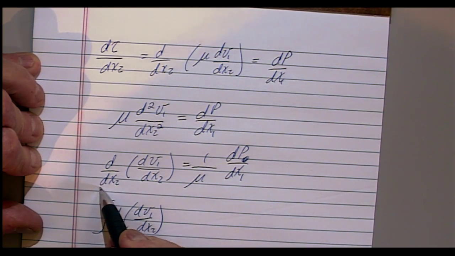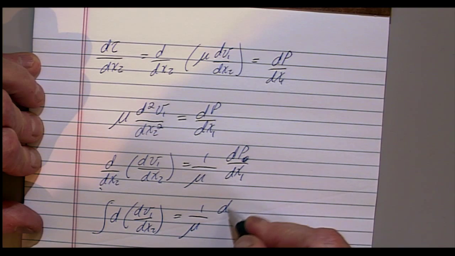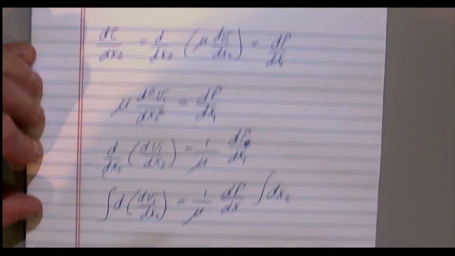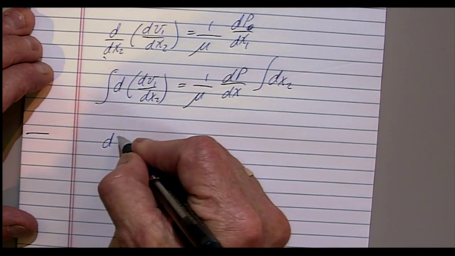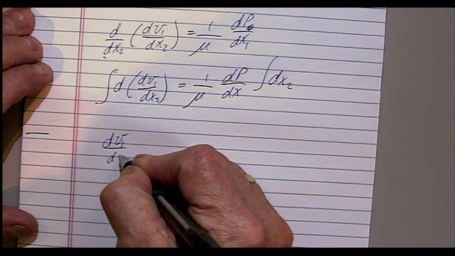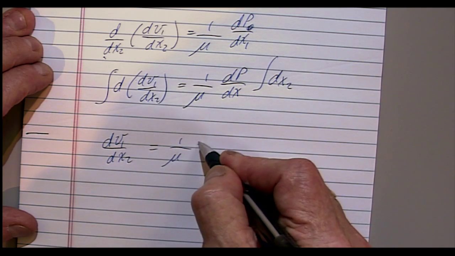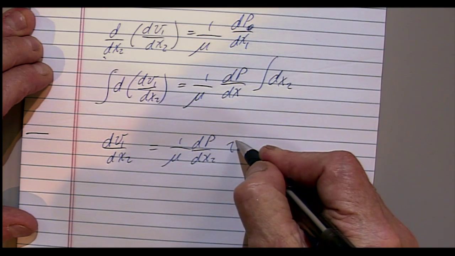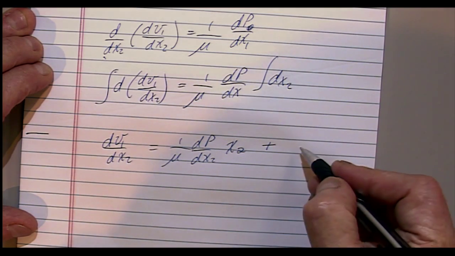I take the dx2, put it on the other side. That's just going to be equal to 1 over mu times the pressure gradient, dp dx1, times integral dx2. And if I do those integrals, I end up with, on the right-hand side, the velocity gradient, dv dx2, is equal to 1 over mu dp dx1 times x2, and then plus I need to have an integration constant C1.